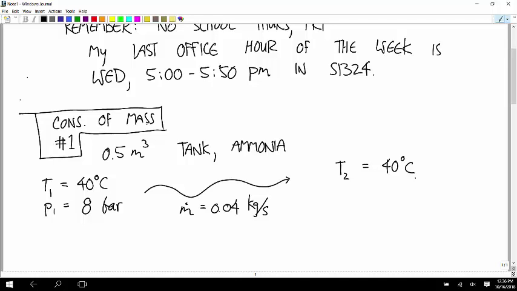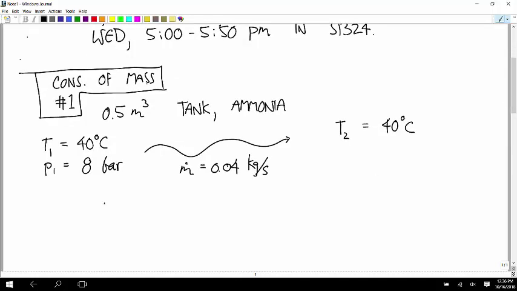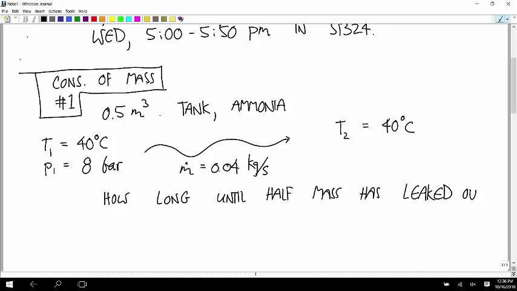Determine the time at which half of the mass is leaked out and the pressure. So you can think of that as part A. And then we want to figure out the pressure at that time.